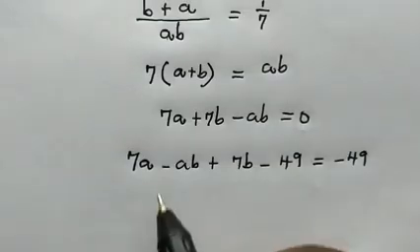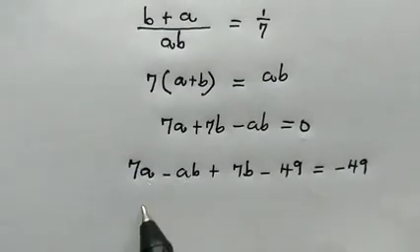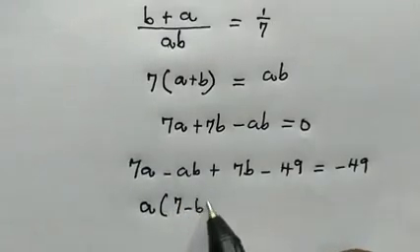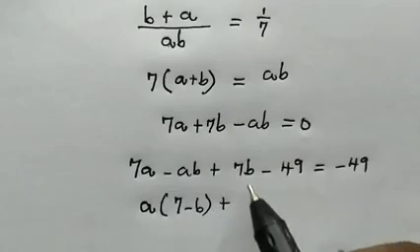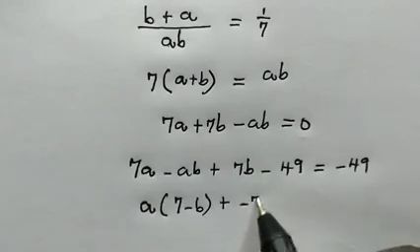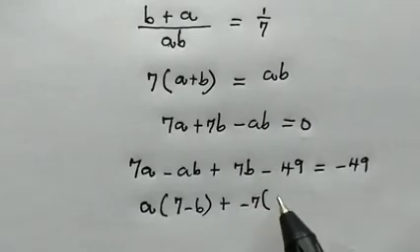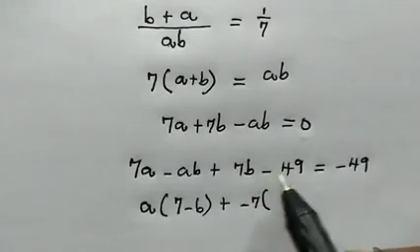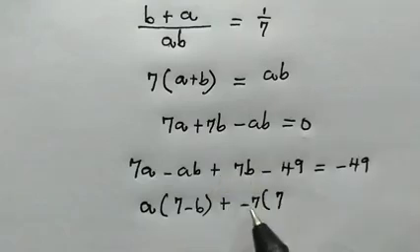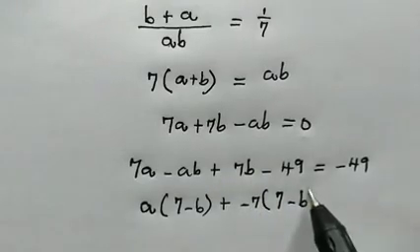So here we see that a is common. Factor out a, we are left with 7 minus b, right? Then here we can factor out negative 7. If you factor out negative 7, negative 49 divided by negative 7 will give us positive 7, and 7b divided by negative 7 will give us negative b.